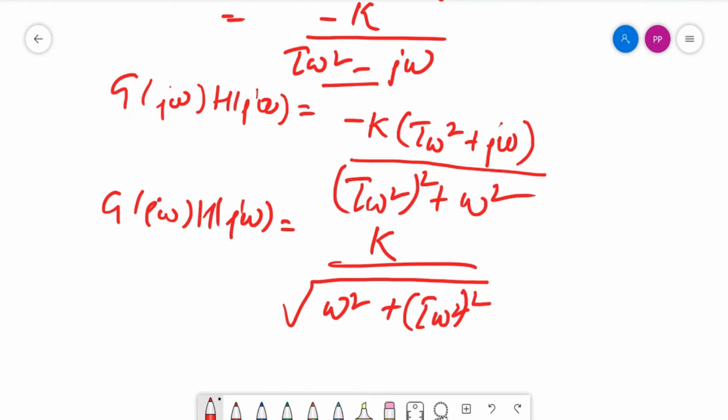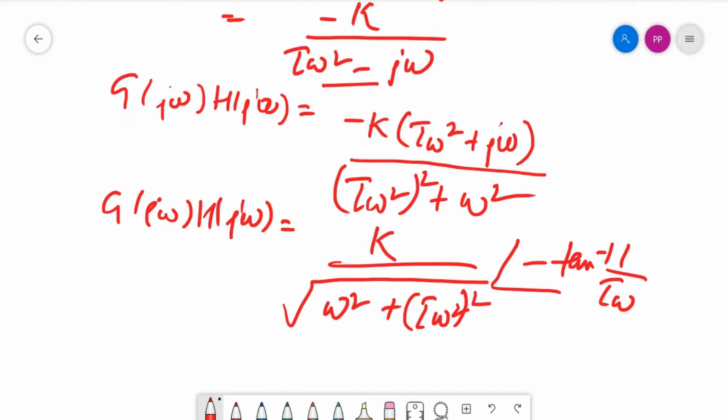So numerator and denominator, one radical term will be cancelled, and in the numerator one radical term is left, and this will be accompanied by the angle, that is the phase of the transfer function, that is tan inverse of imaginary part divided by real part. So that becomes 1 divided by tau omega, because omega by tau omega square, there omega is cancelled from numerator and denominator.